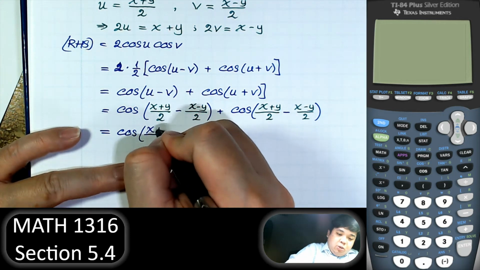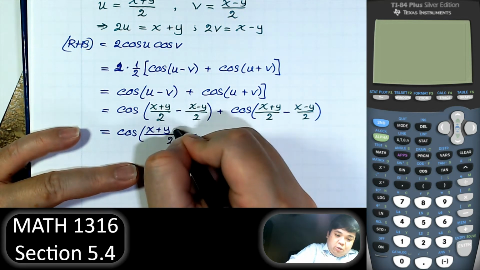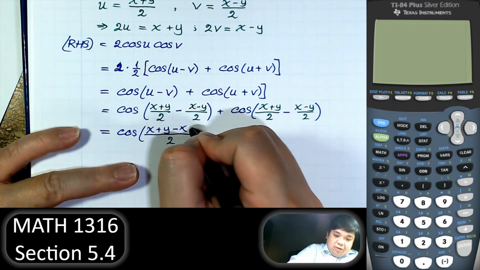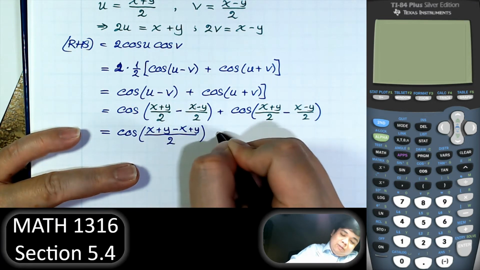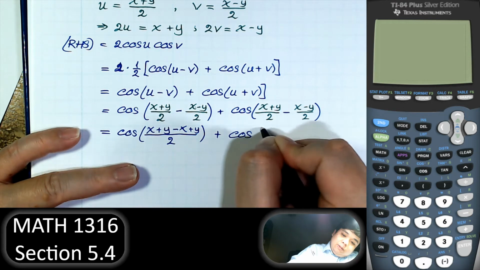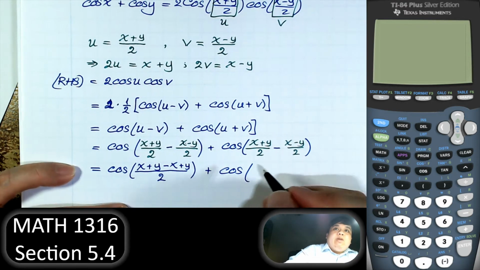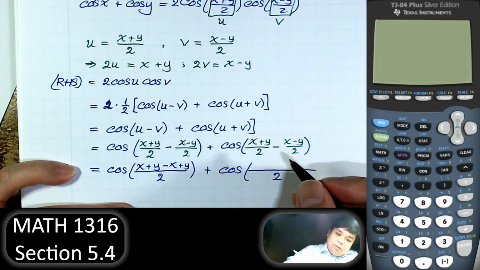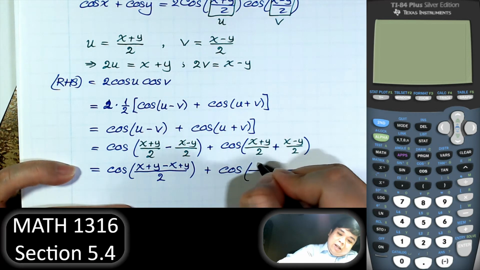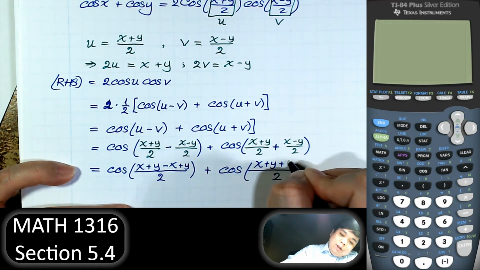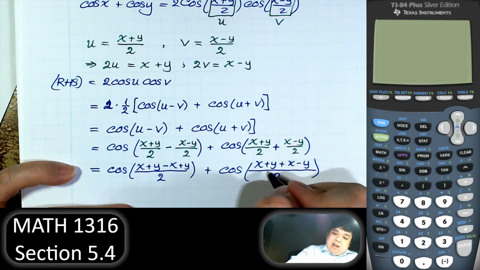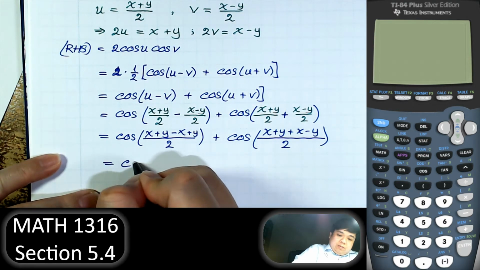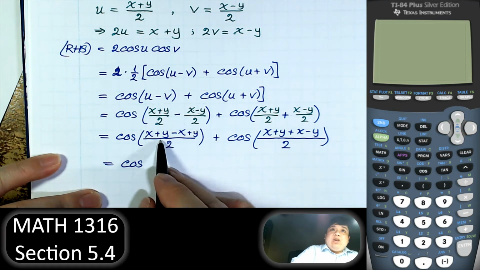So x plus y, distribute the minus, will be minus x minus negative, that's plus. Now both of them have the 2 at the bottom. So this is plus, sorry. x plus y plus x minus y. Of course, this we have x and x cancel out, 2y on the top.